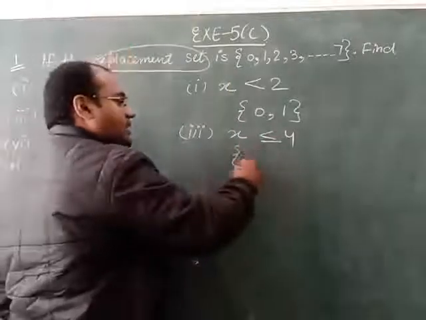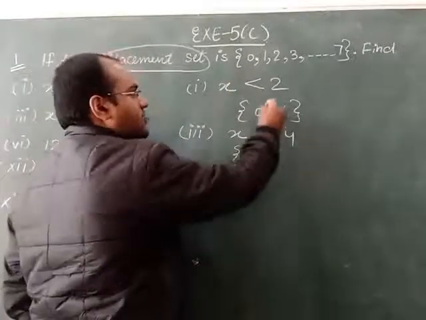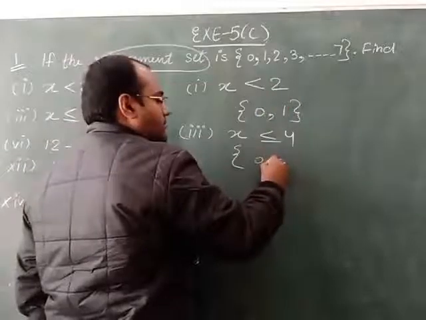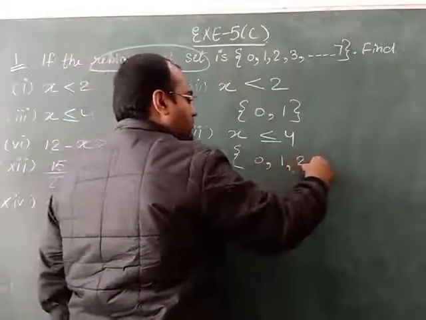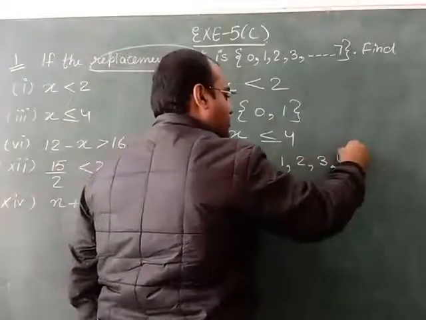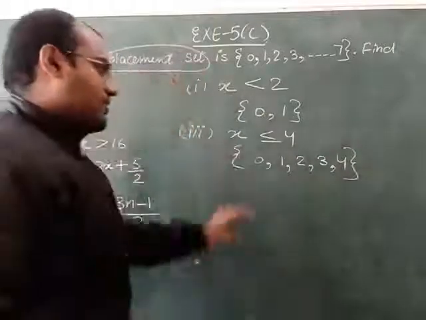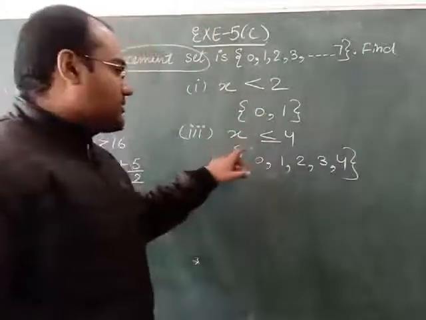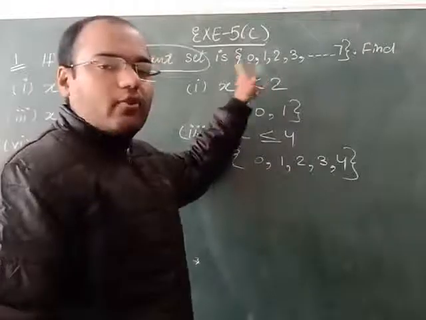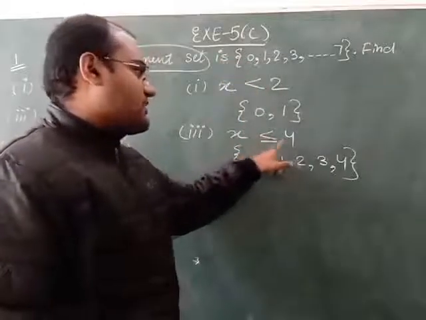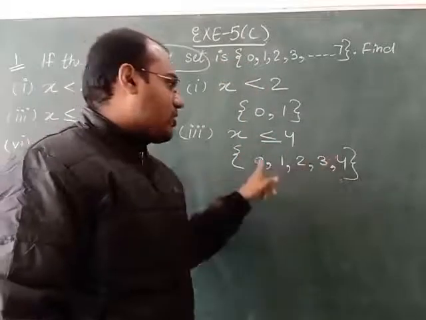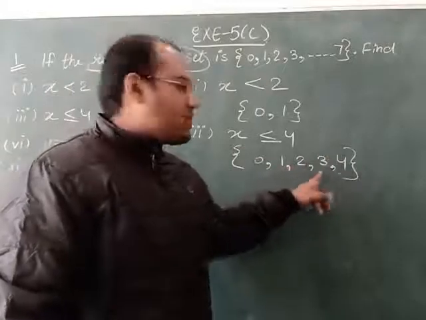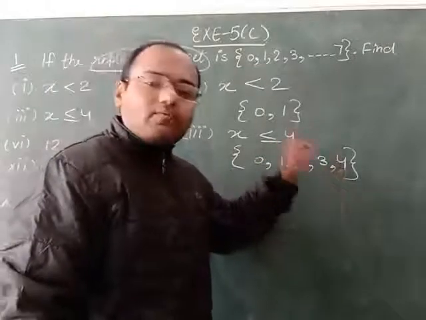So we can say that the answer of X less than equal to 4 is 0, 1, 2, 3 as well as 4. These are the values of X, and all these values we have to select from the replacement set. Less than 4 numbers are 0, 1, 2 and 3, but the equal to sign is coming, so that's why we will take 4 also.